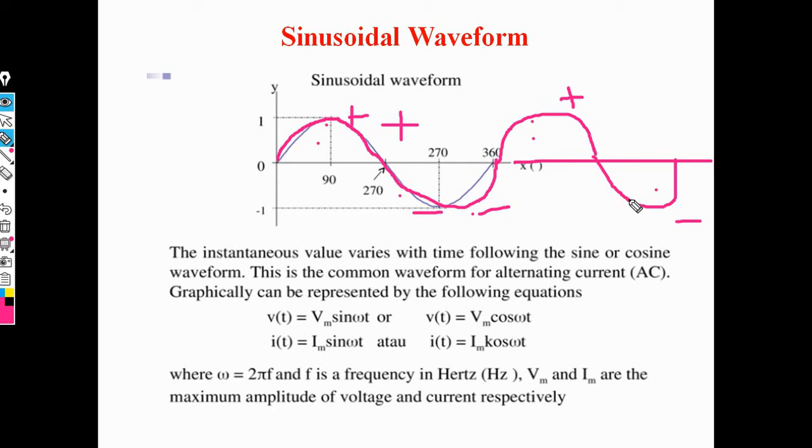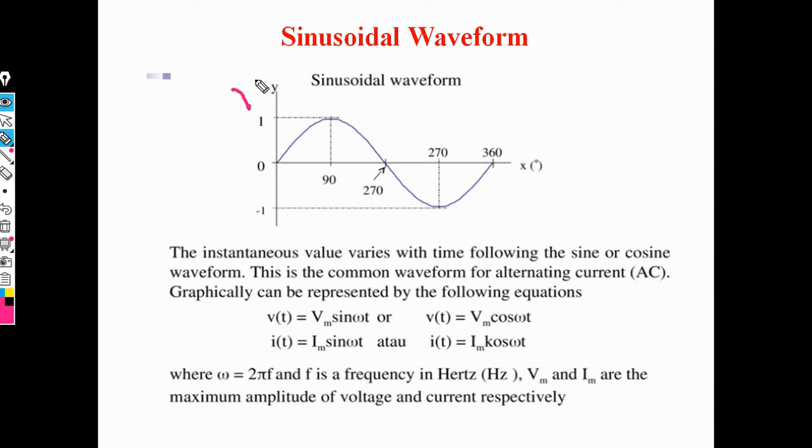Now we have two values, voltage and current. Initially we apply a voltage, then current flows through it. Then v of t is equal to Vm sin omega t. For example, this is the voltage waveform with respect to time t.